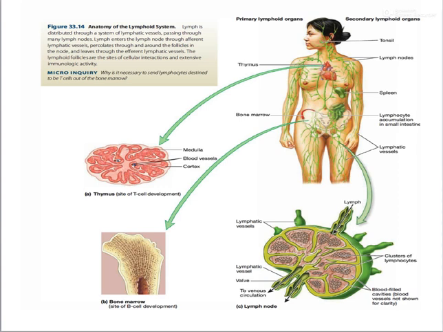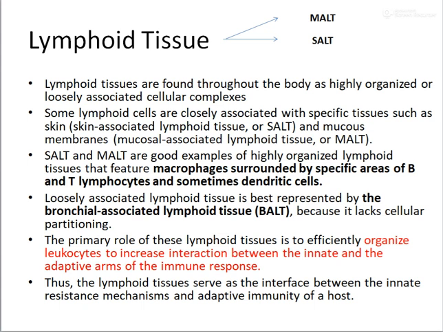But at the same time, we also have certain lymphoid tissues which play a role as secondary lymphoid organs, and today we're going to talk about them. Now, what do you mean by lymphoid tissues?